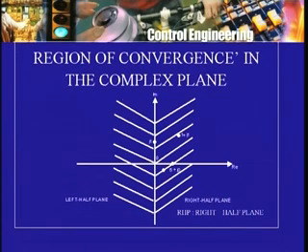And then the third one is the left half plane, the region where the real part is negative. So this is the breakup of the complex plane into three parts, which plays an important role in the study of stability of a feedback control system. The left half plane, the right half plane, and the imaginary axis.